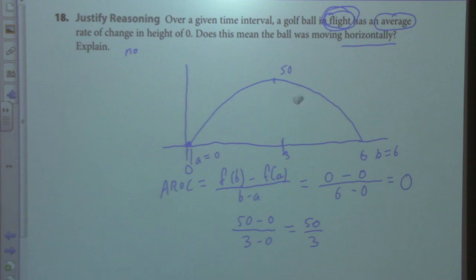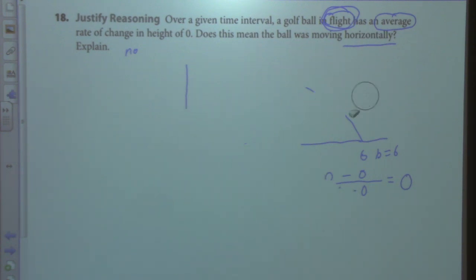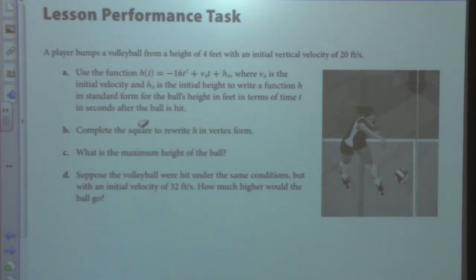So lastly, we go to the world of volleyball in problem 19, our lesson performance task. Here we use this function where v sub 0 is the initial velocity and h sub 0 is the initial height to write a function h in standard form.